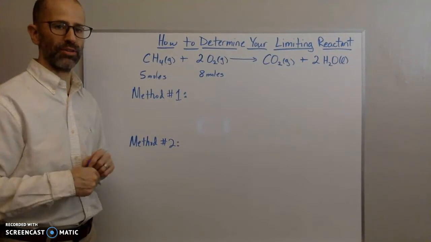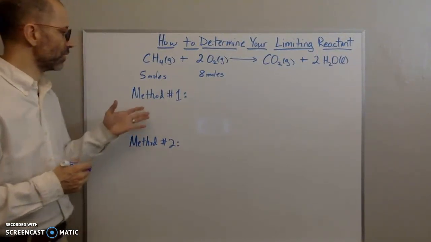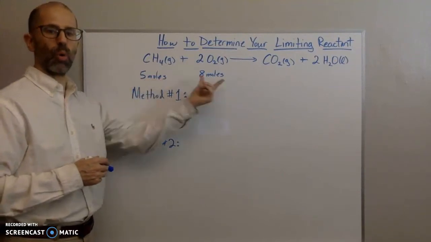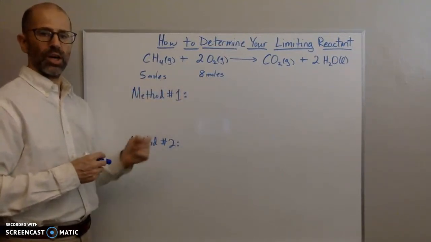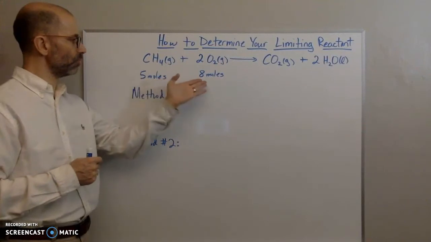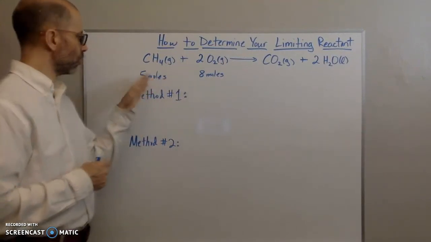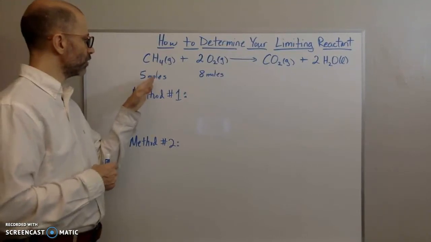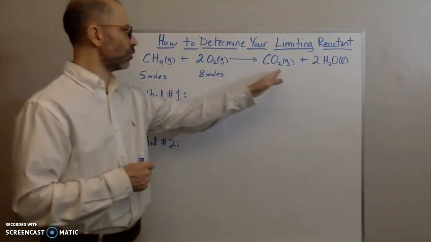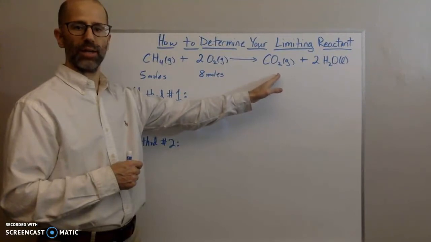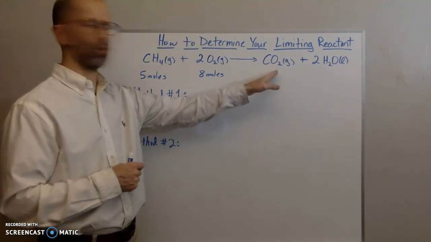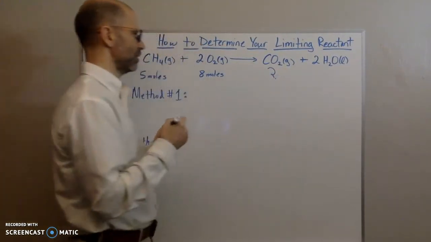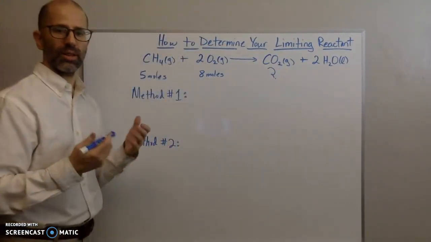There are 2 methods to do that. The first method is whatever amounts they give you, whether moles or grams, you convert both of these and figure out how much of the product you're interested in each will give you. Let's say we're interested in the amount of carbon dioxide formed from this reaction.